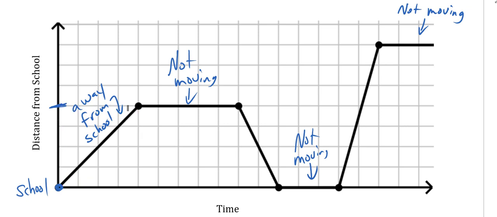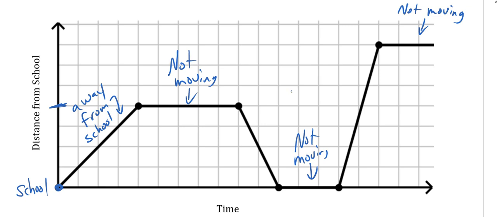In this amount of time, however many minutes or hours, they cover this distance. They cover the same distance in half the time, a shorter time. So they're moving faster. And remember that idea of steepness has to do with being faster or slower. So maybe they were late and they were running back to school. Also, we know they're going back to school because they go back to where school is, 0. Because this said distance from school, this is back to school.